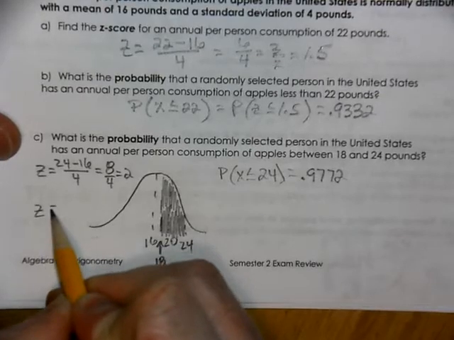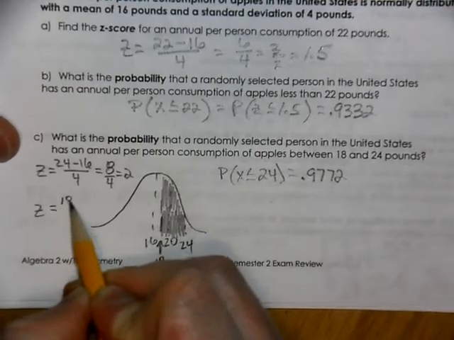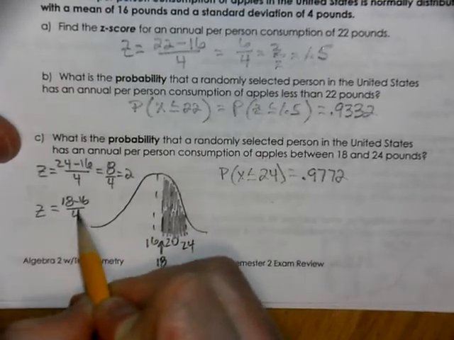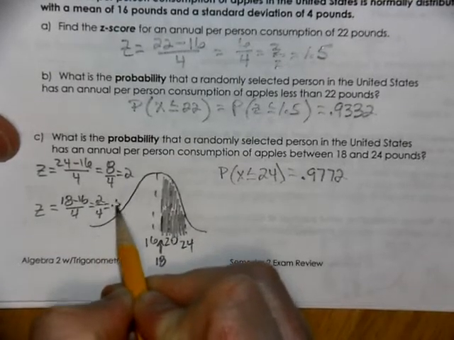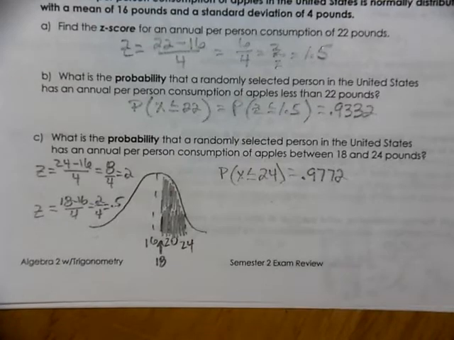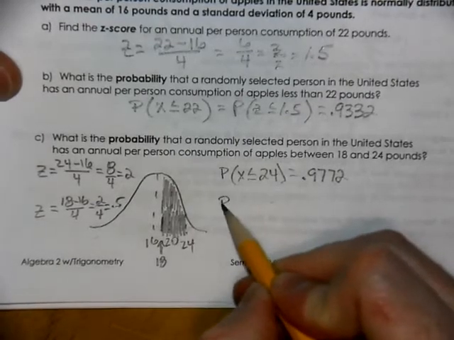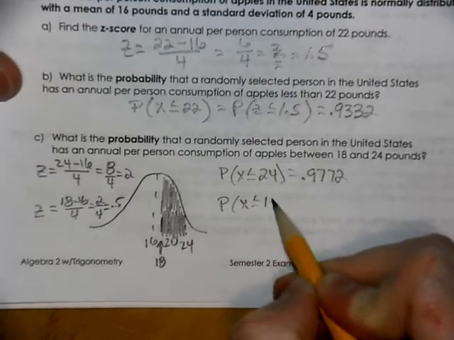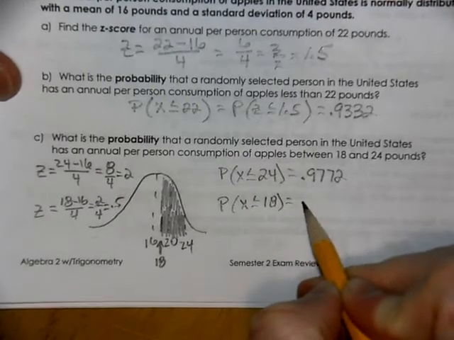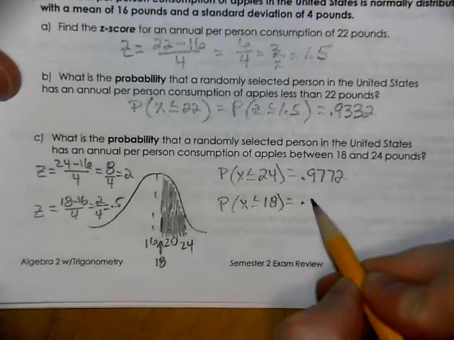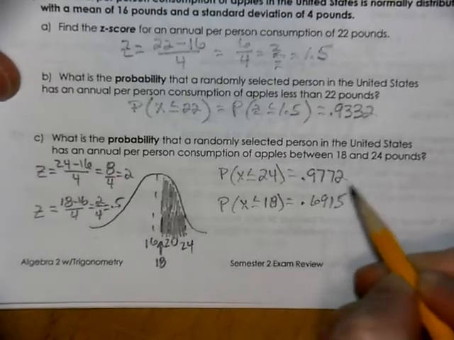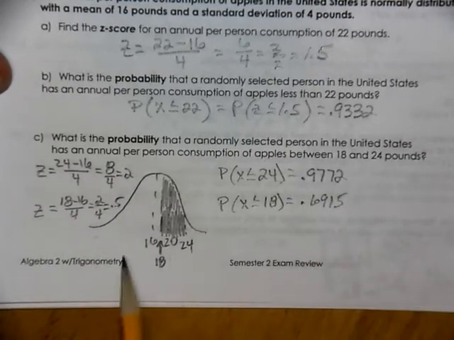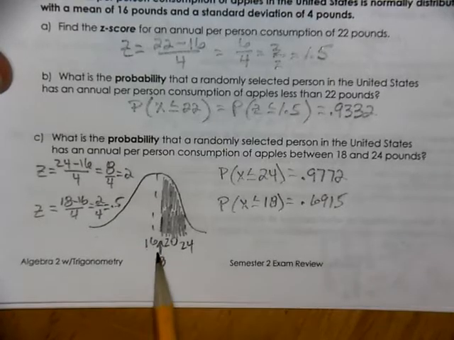So we need to find the z-score, 0.5, which we're going to get 0.6915. We still know it's above 0.5 because it's more than the average.